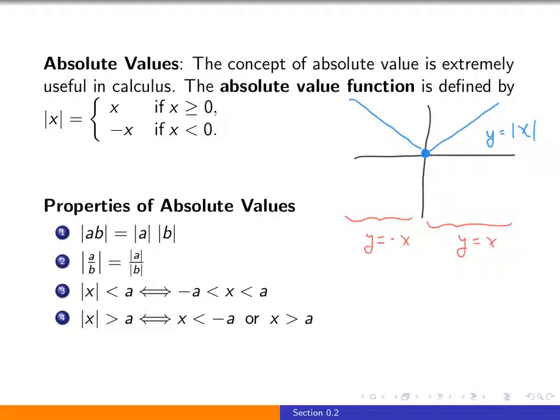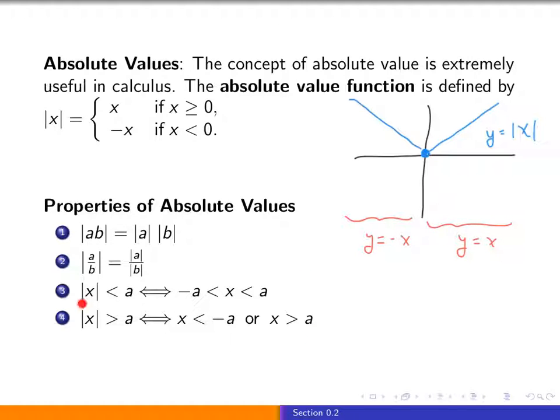Now, some of the basic properties. The absolute value of a product is the absolute values of each of those terms multiplied together. If you take the absolute value of a fraction, that becomes the absolute value of the top over the absolute value of the bottom. And in terms of solving inequalities, we have the following two very important equivalences.